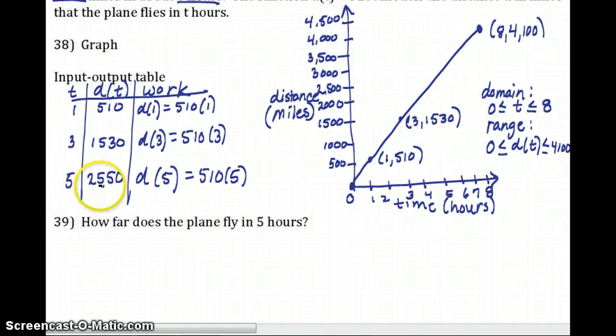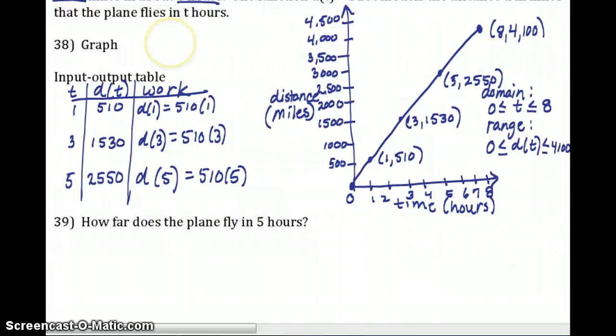And then finally 5 hours, straight up. Well, that looks like it fits right about where it should, which is 2,550. So 5 hours is 2,550.